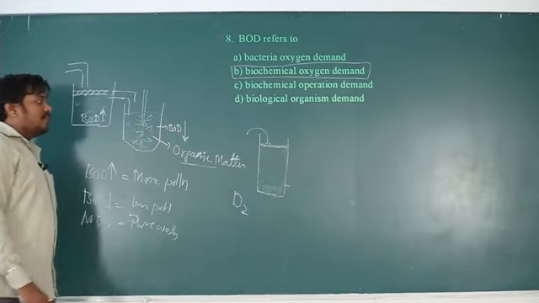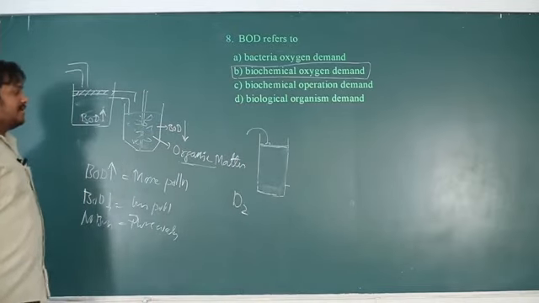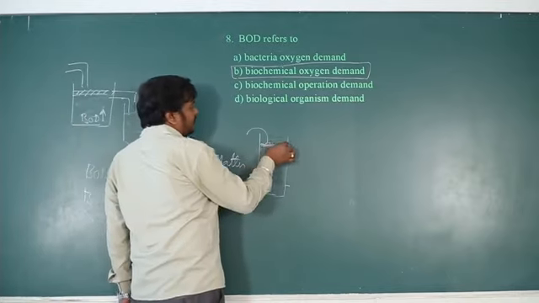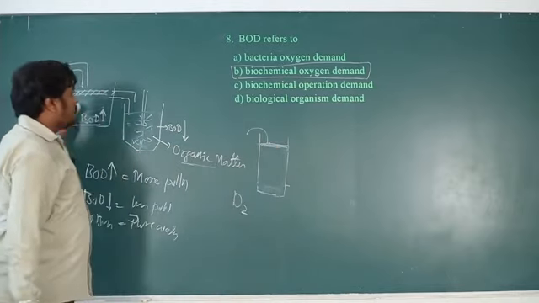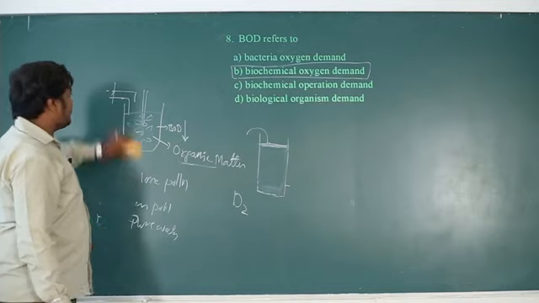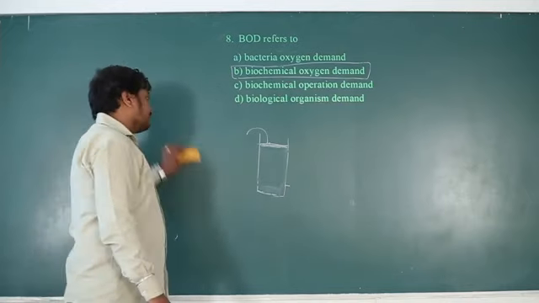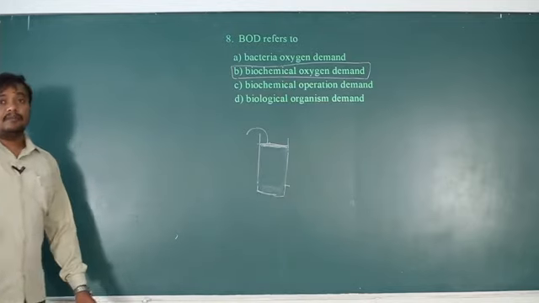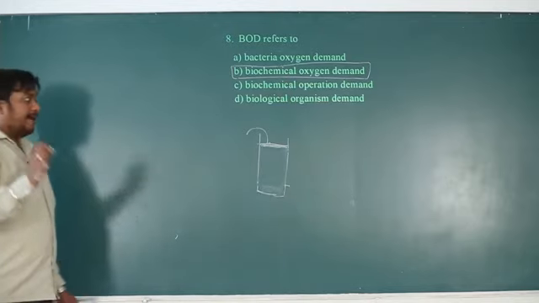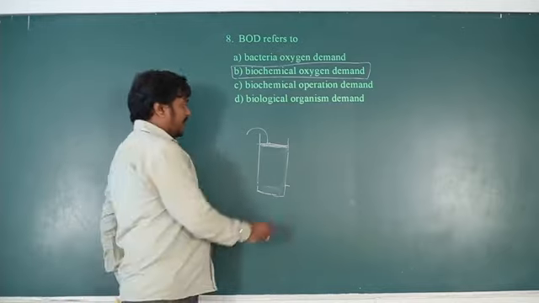If we give that much oxygen to the bacteria, they make the water clean. So biological or biochemical oxygen demand is the amount of oxygen required by the bacteria present in the sewage water to oxidize the organic matter.